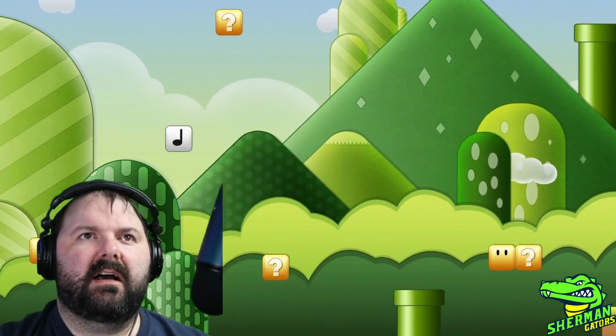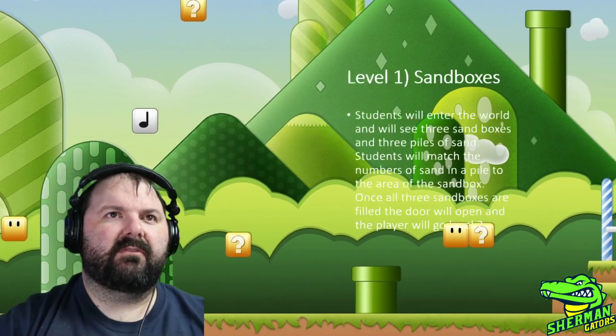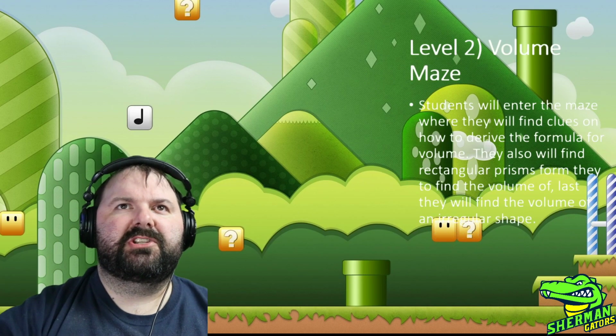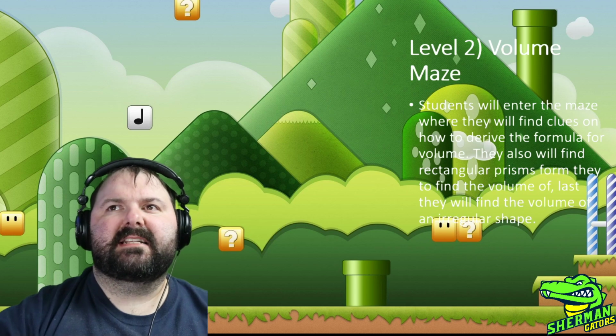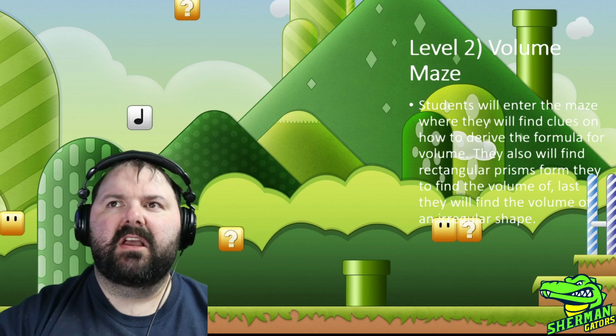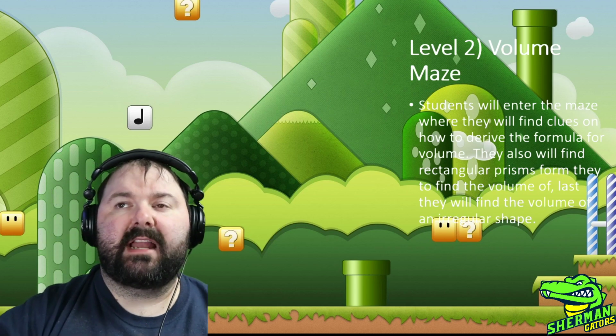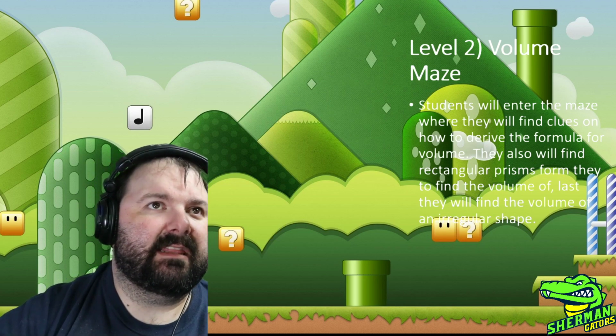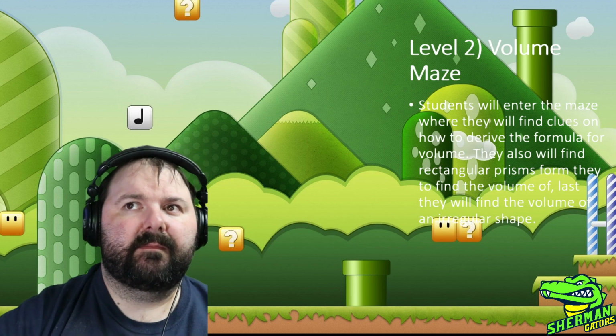Now on to the second part of this. Let me get switched to the right screen. There we go. Level 2 is volume maze, which is saying that students will enter the maze where they will find clues on how to derive the formula for volume. Again, that is length times width times height.